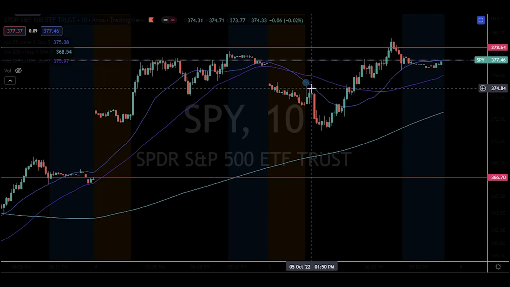Now, the interesting thing about this price action and what it is correlated to is the US dollar. This down move over here, if we flip to the DXY intraday, we can clearly see that this big surge in the DXY is what led to the pressure on the S&P.